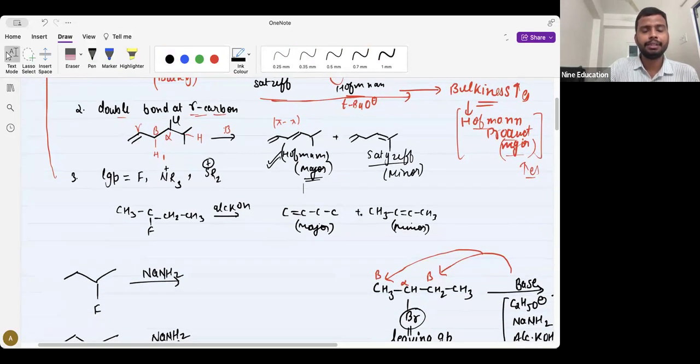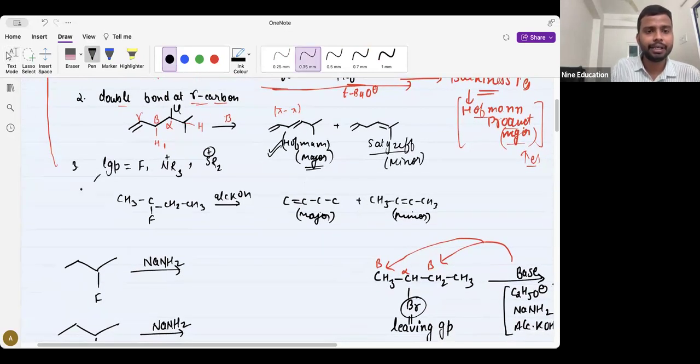Third case, see. Let's say I have in the leaving group fluorine, NH3, NR3 positive, sulfur R2 positive, sulfur with alkyl groups, positive charge.